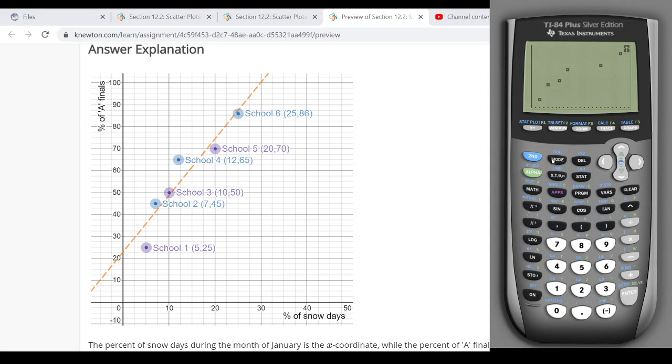Now, if I want to find the best fit line, go hit the stat button, and you go over to calc, and you see number 4. See the AX plus B? This is LinReg, that's linear regression.